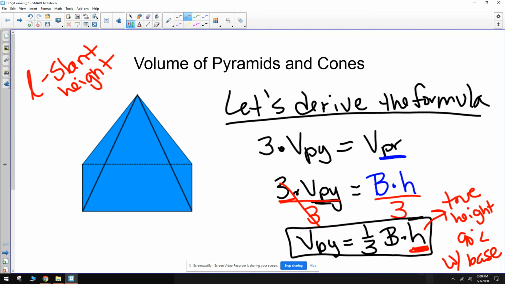So over here, we're going to go from the point all the way down to the base, and it's going to be 90 degrees. That's the height. When we use an H, that's the part we need to use. Slant height isn't going to be used in the volume unless I need it to find the height. Otherwise, it's not going to be used in the formulas.